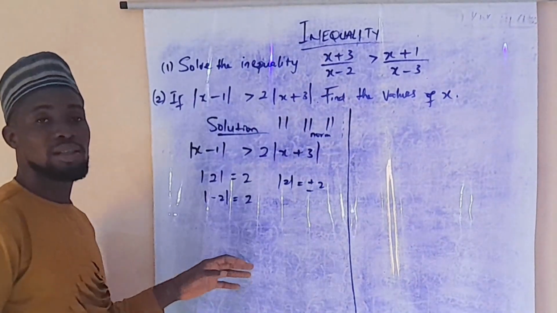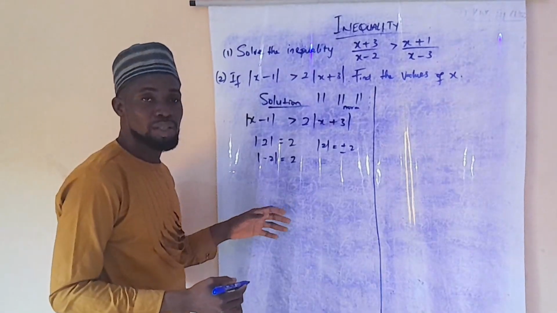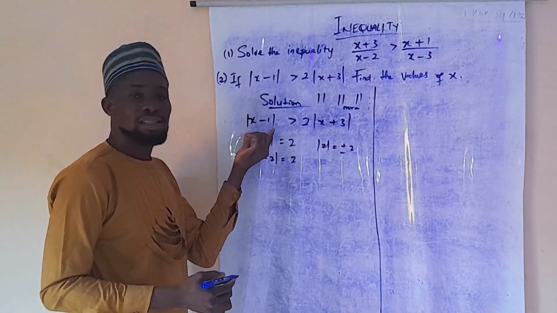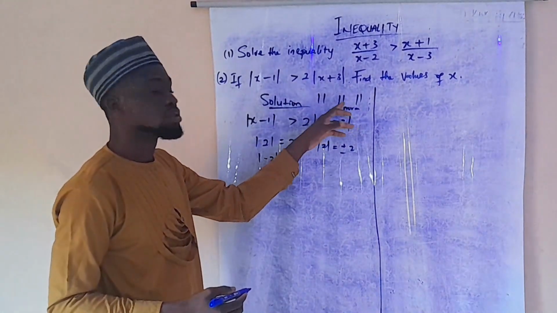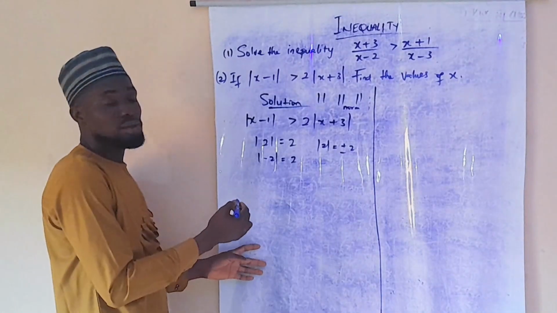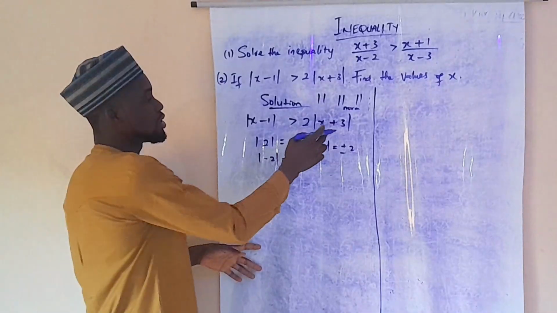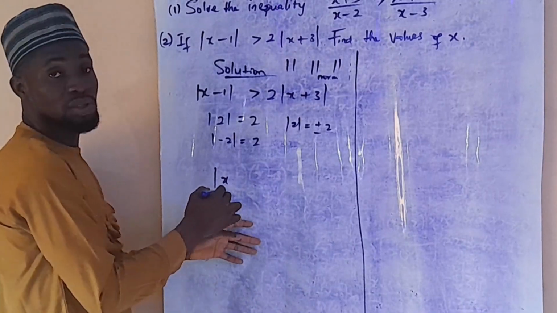Now, just like in logarithm and indices, those topics in mathematics where you have laws, we also have laws guiding this absolute value. Let's solve. First, let's bring both absolute values to one side, to the left hand side, by dividing both sides by x plus 3.